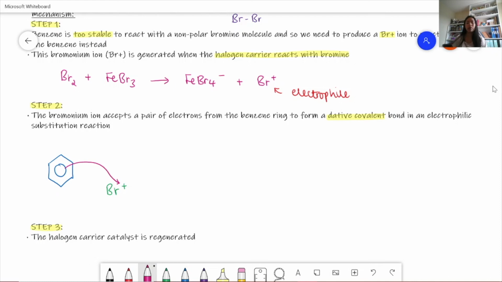And so they move towards this Br plus, this electrophile. And now we form an intermediate. So this is exactly like all the other electrophilic substitution reactions that we've seen, all their mechanisms. And so what we have is this carbon where it's originally attached to one hydrogen, but now it's also formed a dative covalent bond with this Br plus.